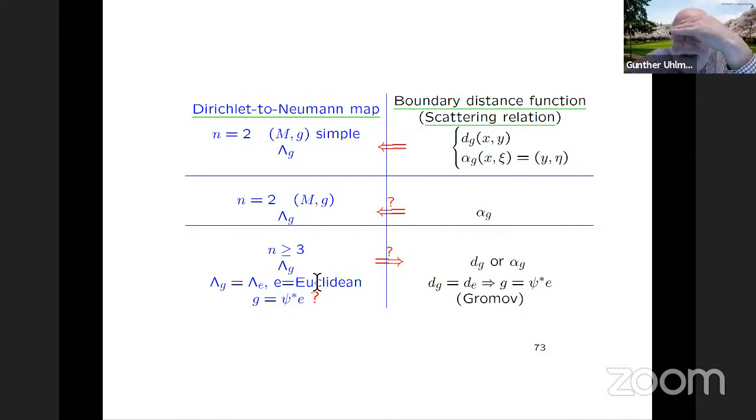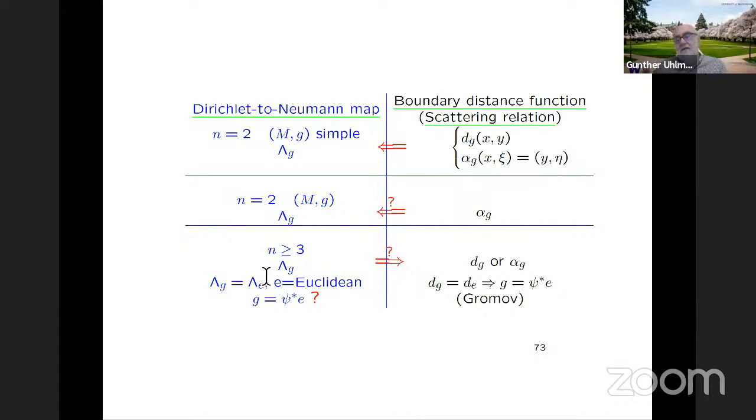But that wouldn't be so interesting because you wouldn't get any result, right? Because more is known about the distance function than about the Dirichlet-Neumann map. Exactly. In dimension 3 or higher, we know a lot about the distance function or the scattering relation. If the foliation condition is satisfied, we can determine the metric up to this obstruction. We have no idea, even in the simple case, for the Dirichlet-Neumann map.